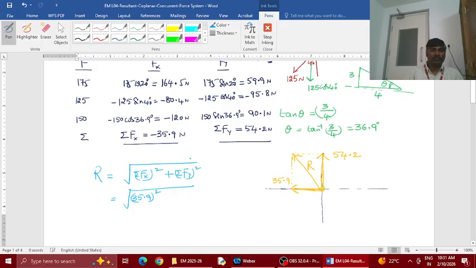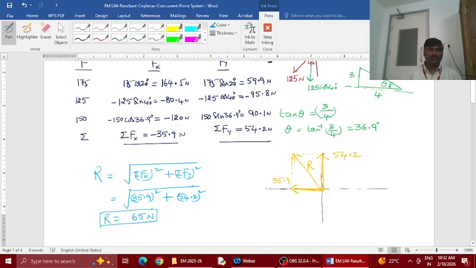I'm not taking the negative sign because we have already mentioned the negative direction. Even if you consider it, because of the square the value will not change. This works out to be 65 Newtons, the resultant magnitude.